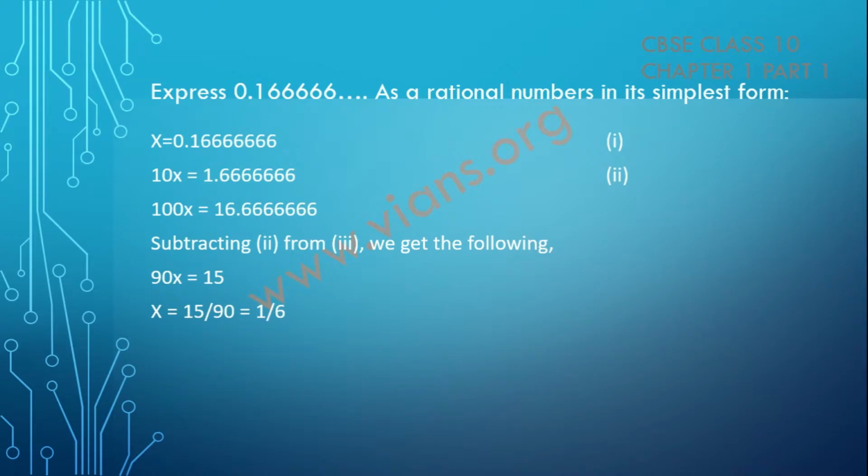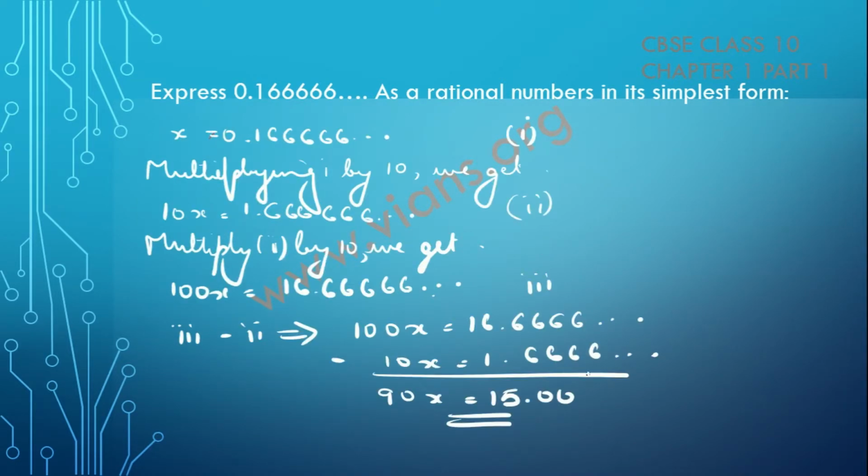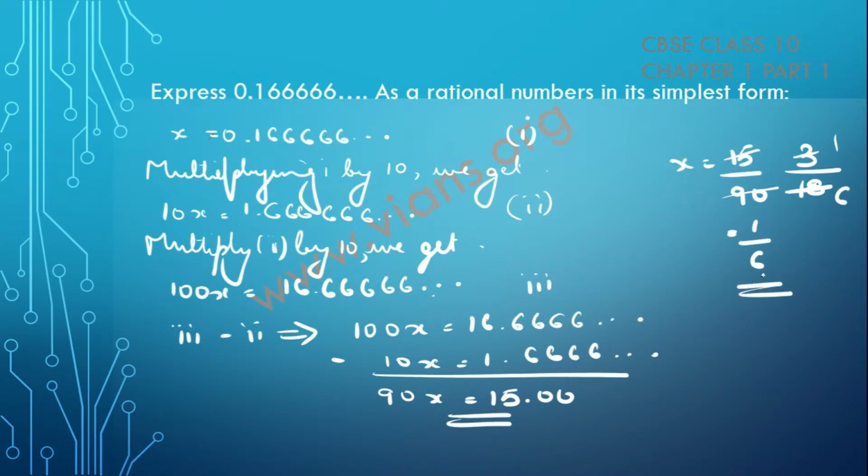So this can be written as x is equal to 15 by 90, and you can divide this by common factors. 5 3s are 15, 5 6s are 30, and 5 18s are 90, so you get 1 by 6. So 0.1666 can be expressed in its rational form as 1 by 6.